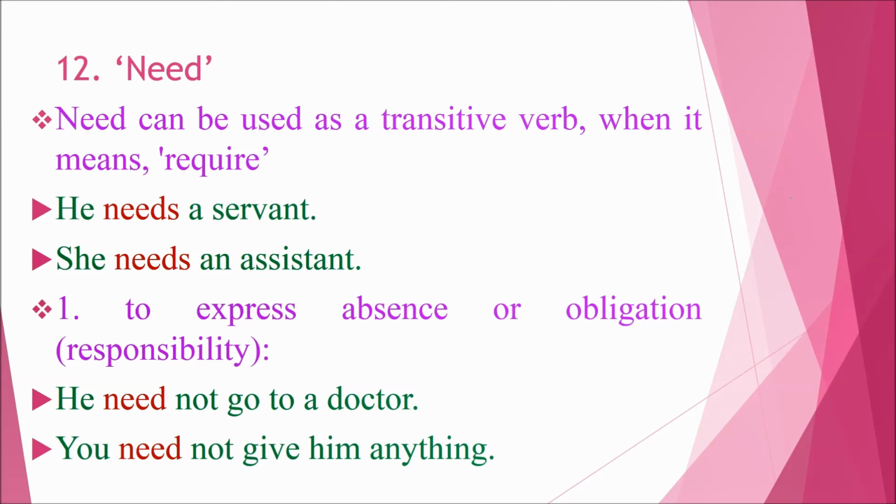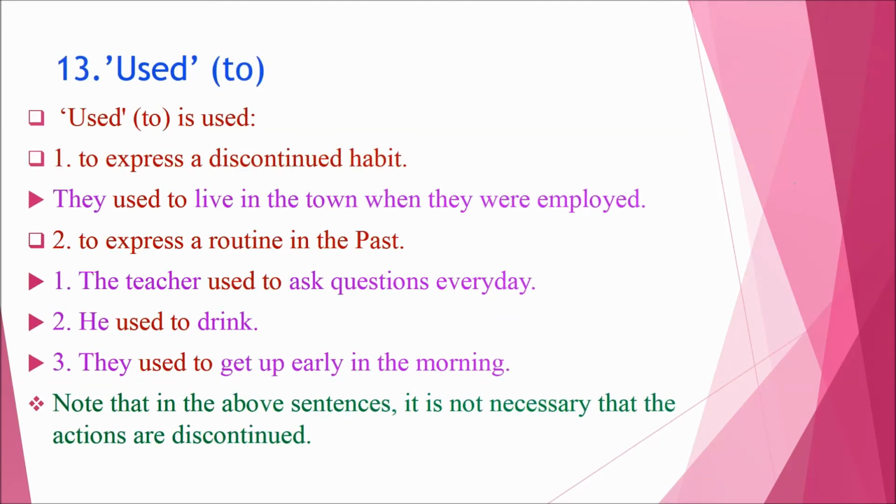Next, we are going to see used to. Used to is used to express a discontinued habit. Example sentence is: they used to live in the town when they were employed. Then, used to is used to express a routine in the past.